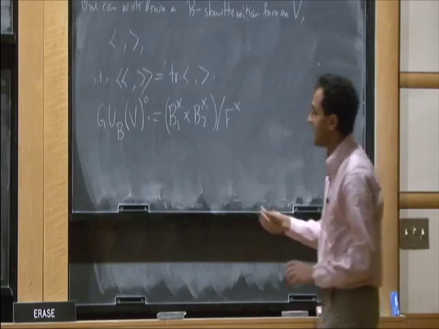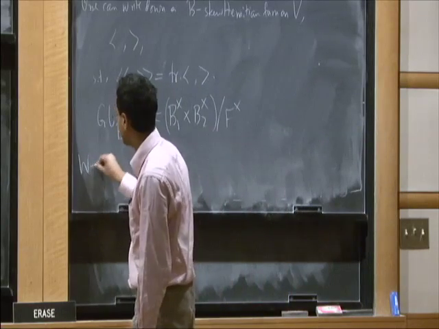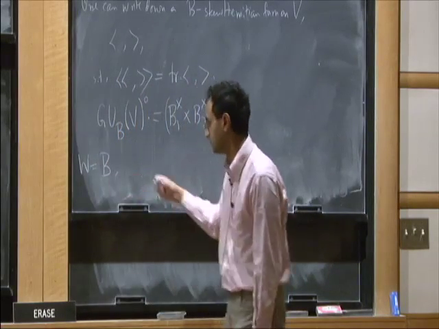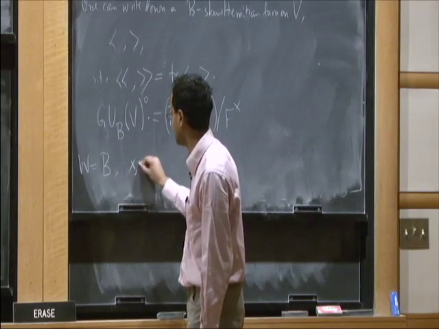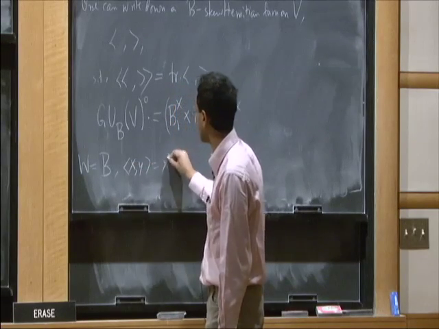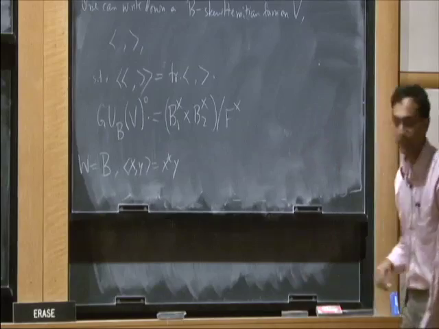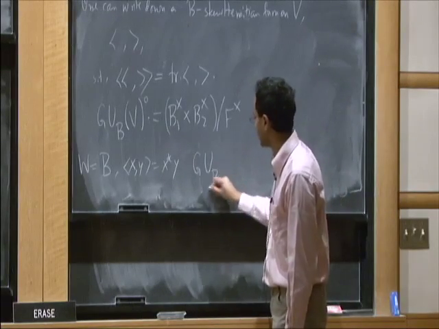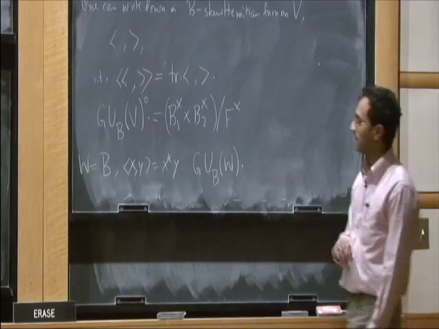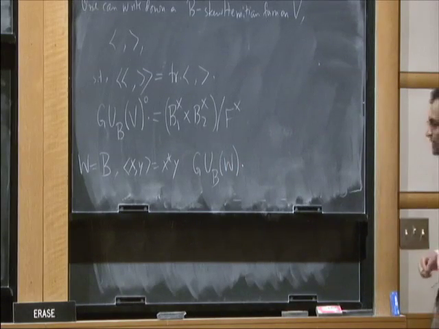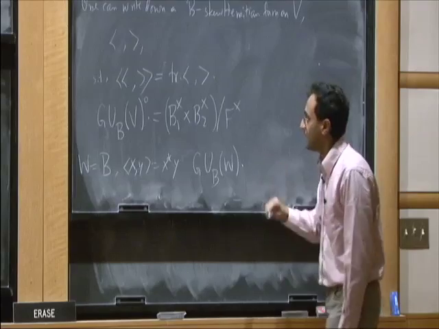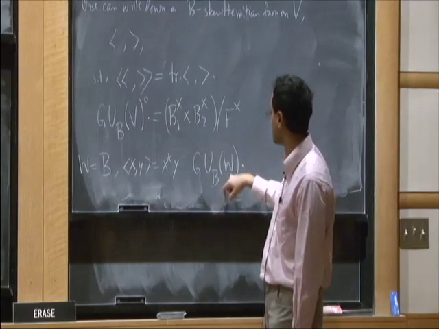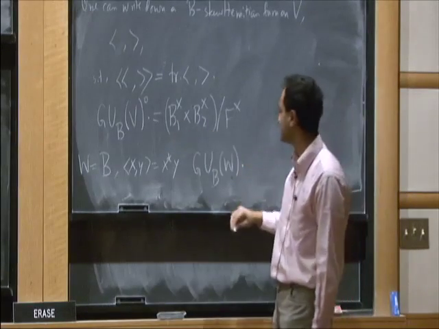On the other hand, I can take W to be just B with the usual Hermitian form, namely I define the form of x, y to be x star y. This is a B Hermitian form, so that's also a B space, and I can look at the unitary group GU(W). So I have two spaces: this is a one-dimensional B space, and that's a two-dimensional B space.